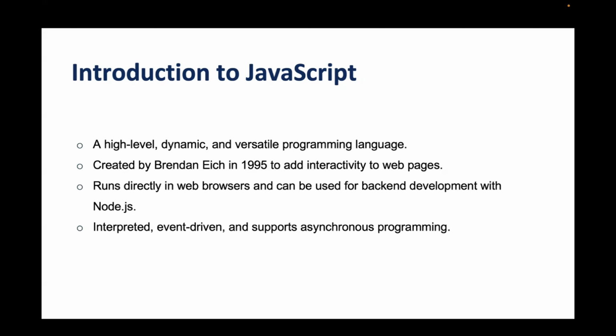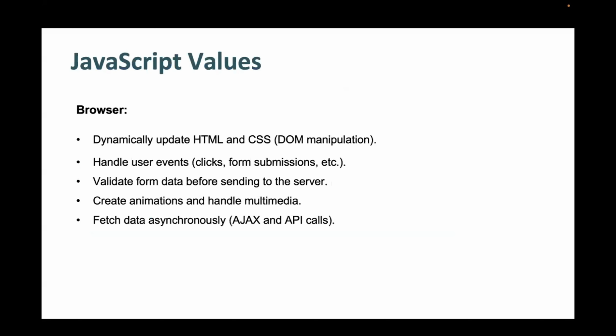It can also run as a server language when we're using Node. We shall later understand what Node.js is as we move on. JavaScript is interpreted, event-driven, and supports asynchronous programming. For those of you who do not know asynchronous programming, do not get worried, because we are going to go through all of this step by step.